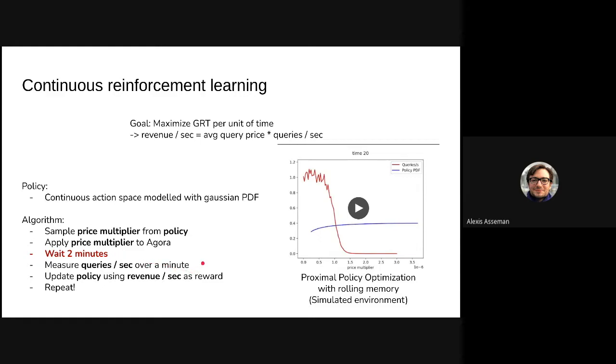You measure the number of queries per second you get, and then you update your Gaussian policy, using the revenue per second as the reward. And that's probably pretty much what most indexers would do when they want to manually tune their pricing. You try a value, you look at how many queries per second you get, you try another value, and you try to progressively narrow down where the market price is.